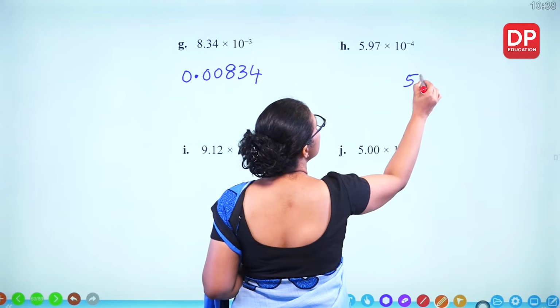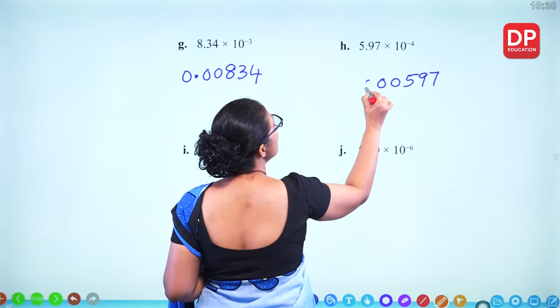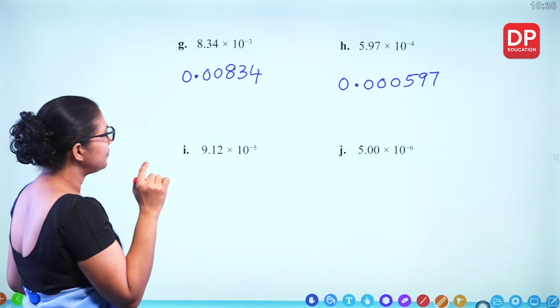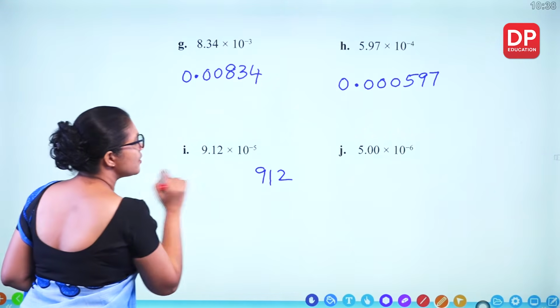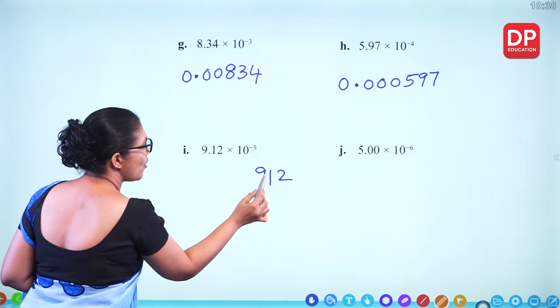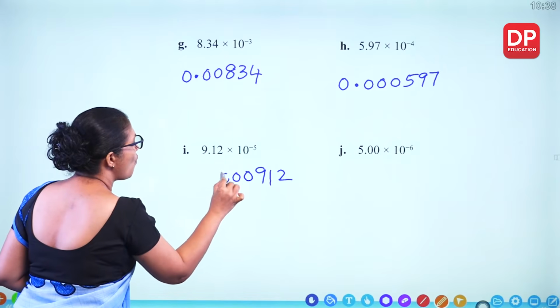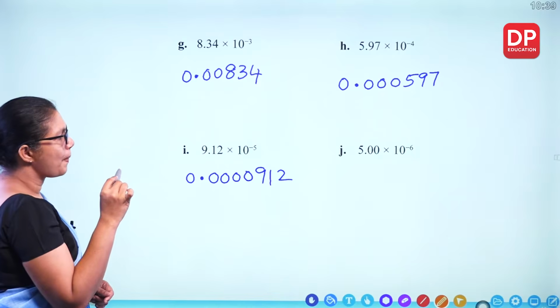So 597. 1 already there. 2, 3, 4. Then put the decimal point. 10 to the power minus 5. 912 is there. So this is the decimal point. 1 place already there. 1, 2, 3, 4, 5. And then you put the decimal point.